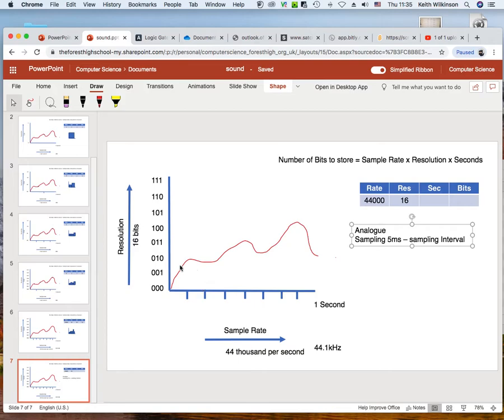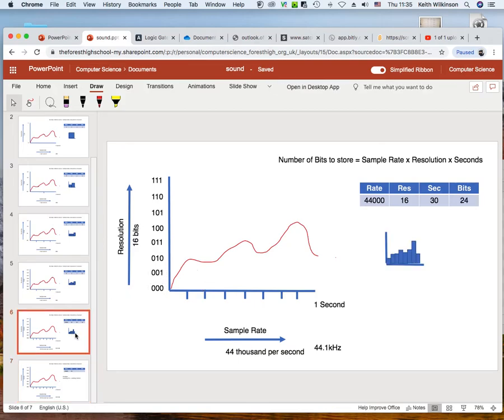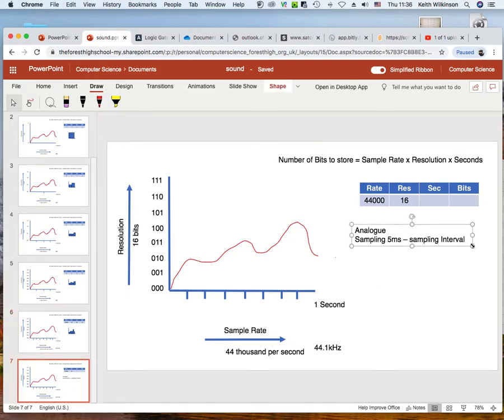The problem with digital data as well is that if you take a look, this is our original waveform, it was continuous, and when we convert it to digital we get columns, but they're not continuous, there's big jumps between the next column. What happens there is that we experience, when we convert from analog to digital, a loss of data, and we can't put that back. We can never guess what it was between the two samples.